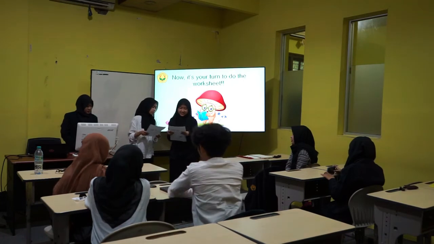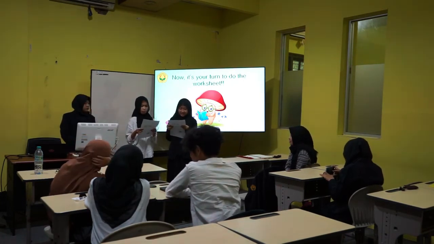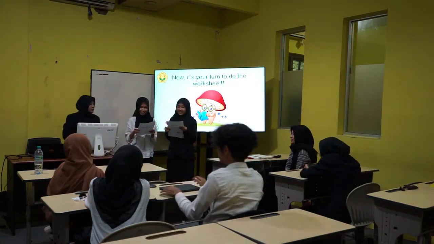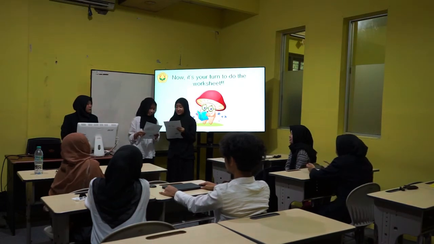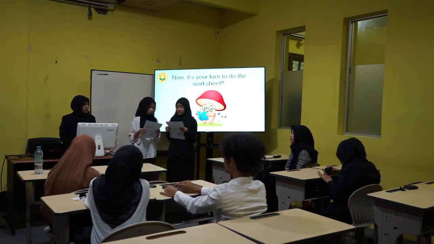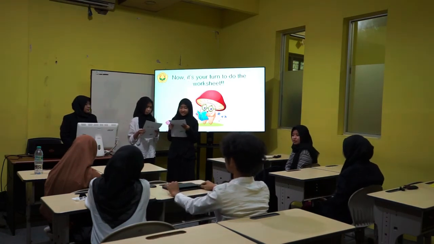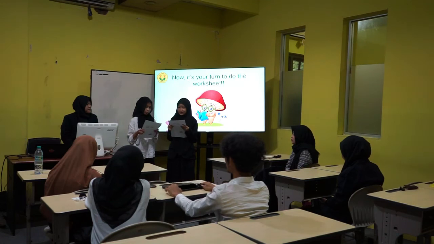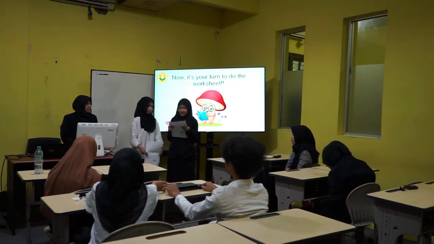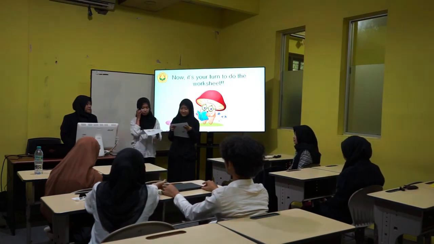So for the first question, the name of the species in the first picture is Rhizopus oligosporus, and for the second picture is Rhizopus stolonifer. And then the role of Rhizopus oligosporus is to change the starch composition of soybeans into more nutritious food containing many enzymes.